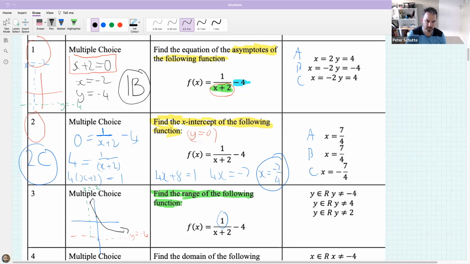It's not perfect, apologies for my dodgy drawing there. The only y value that is being excluded is going to be -4. Every other y value is okay, but we can't have y equals -4 because that's going to be on the dotted line. So which option do we think is going to be relevant for this one?